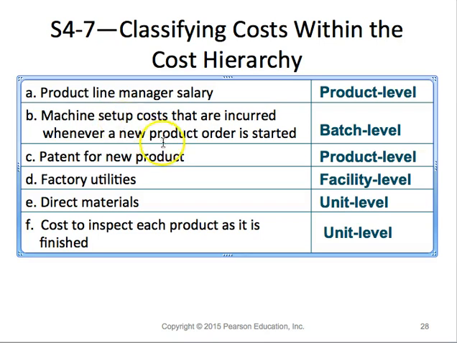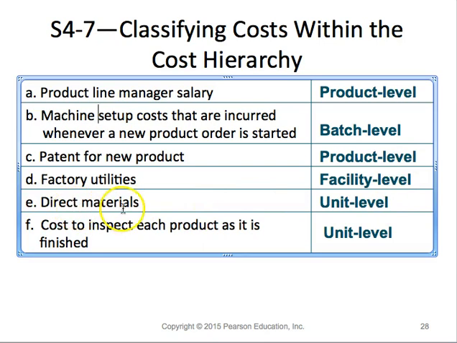Even for one product, one machine setup will be used for different numbers of products, so it's batch level. A patent for new products is product level, because a patent is on a product. Utilities are for the factory, and it's a facility level.